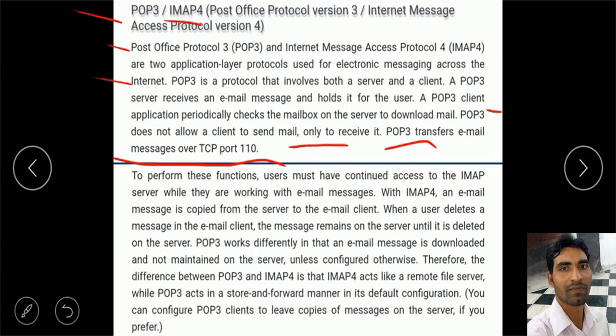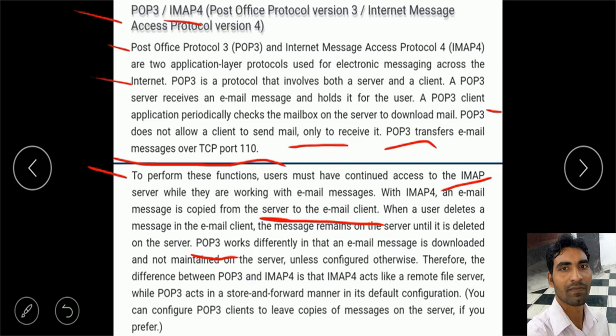To perform these functions, that means the transferring function, the user must have continued access to the IMAP server while they are working with email messages. With IMAP4, an email message is copied from the server to the mail client. When a user deletes the message in the email client, the message remains on the server until it is deleted on the server.